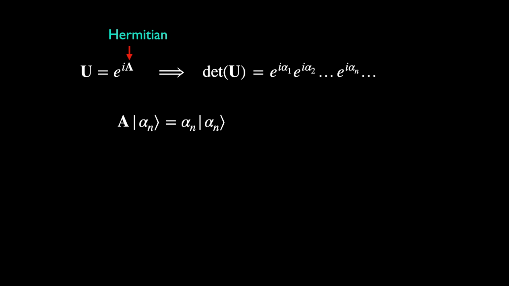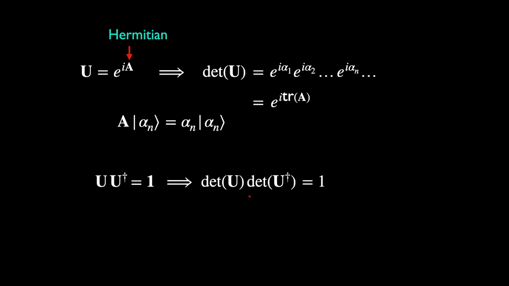Since we are treating the general case of arbitrary dimensions, there are as many phase factors as there are eigenvalues. Thus the exponent of the result would just be the sum of all the eigenvalues of A, which is its trace. From the condition of unitarity, the absolute value of the determinant of U must be equal to 1.